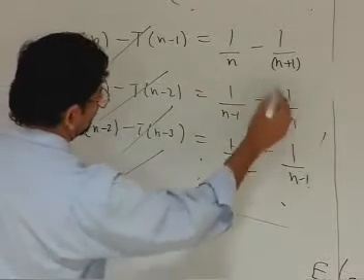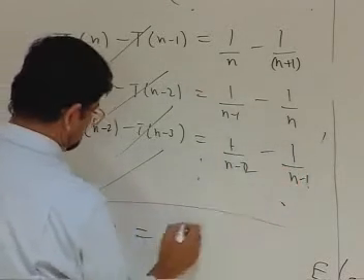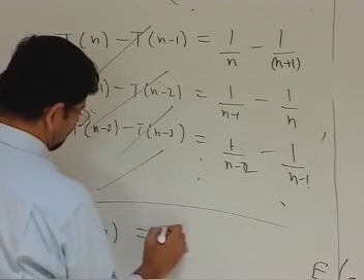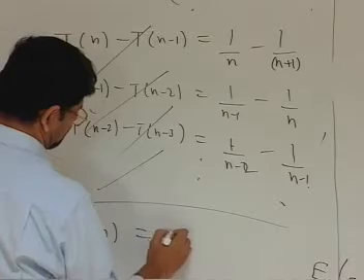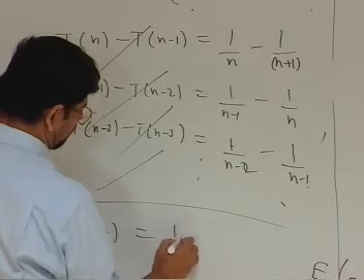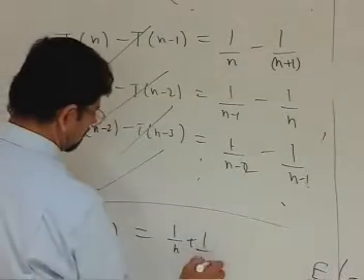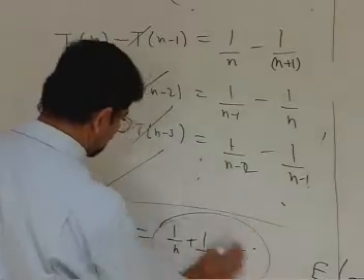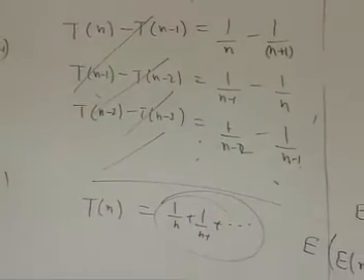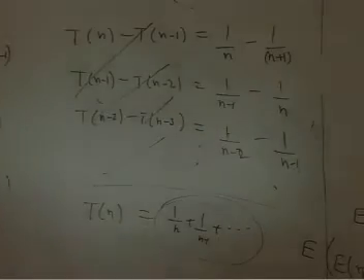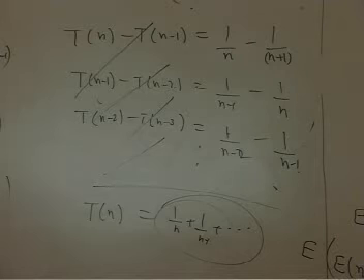It should not cancel like this. It should be 1 by n plus 1 by n minus 1 plus this kind of a factor. I am missing in my arithmetic somewhere.